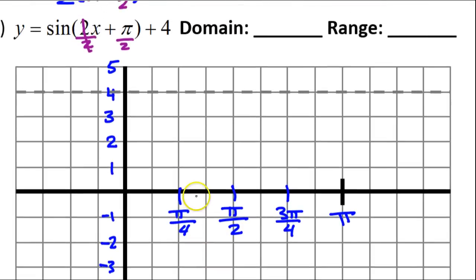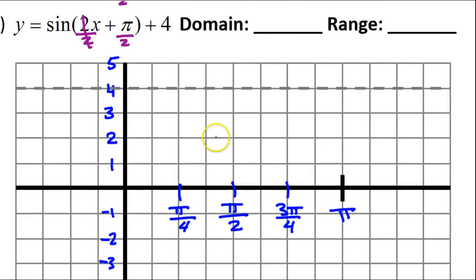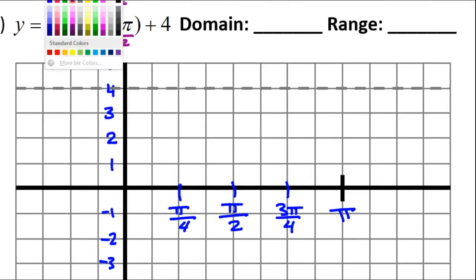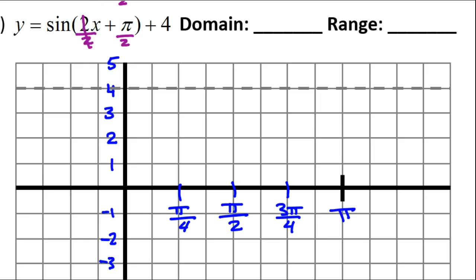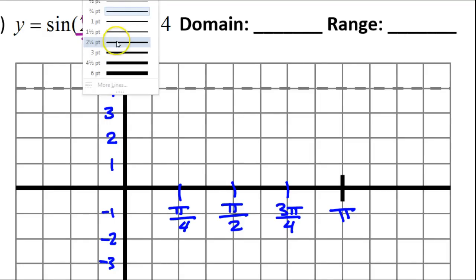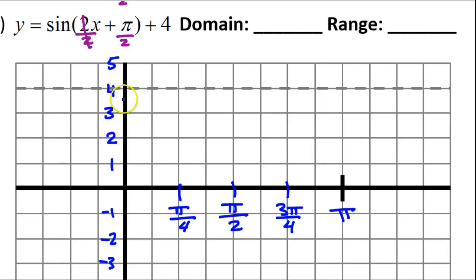Okay, when there is a phase shift, I start by making a skeleton graph. I do not connect the dots yet. So my skeleton graph will not include the phase shift. This is the sine function. So the sine function starts at the midline and then it goes up, unless there's a reflection, which would be a negative number in the front. But we haven't seen that yet today.